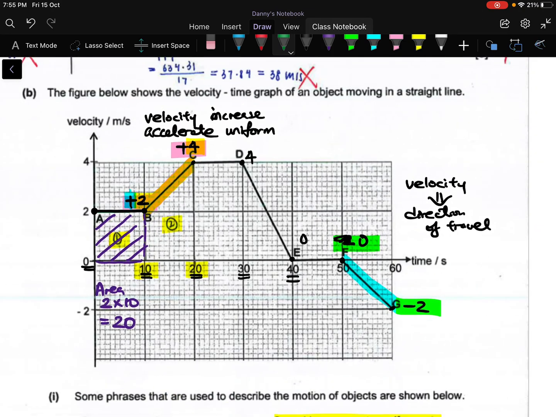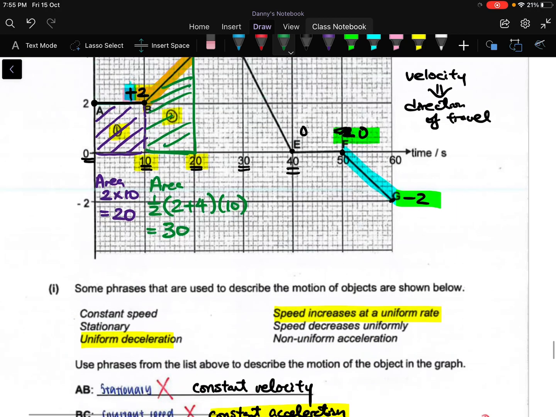Next, when it reaches 20, I will have this green color part. For this green color part, I have to find the area, which is half of 2 plus 4 multiplied by the height of 10. So 2 plus 4 is 6. 6 times 10, 60. 60 divided by 2, 30.